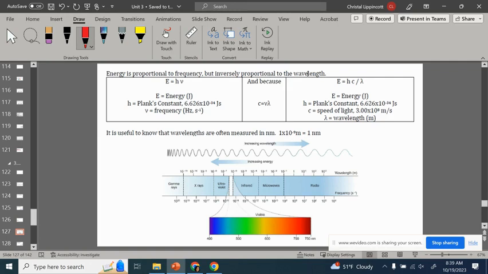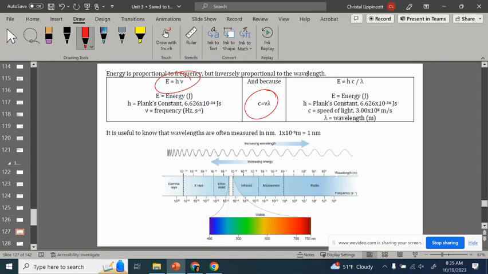This is one of your equations that's on your equation sheet, okay? Or two actually. So here's one of your equations. Energy equals Planck's constant. They give you that constant. You do not need to memorize it. Times the frequency. And then we also have speed of light equals frequency times wavelength.